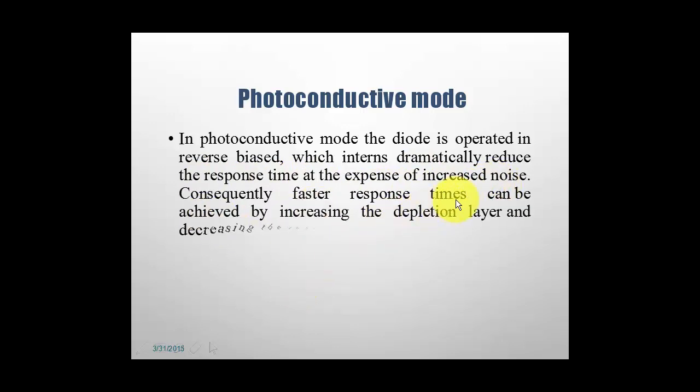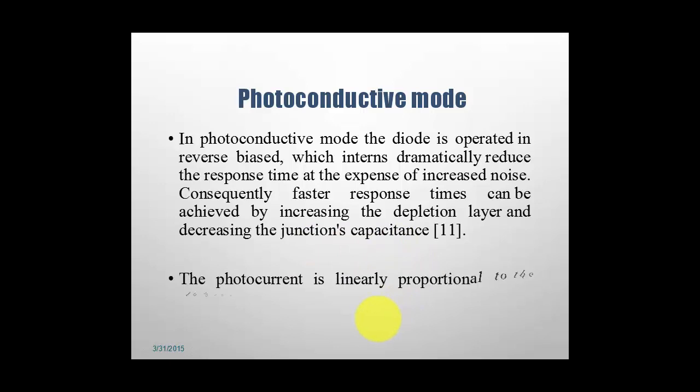Consequently, faster response times can be achieved by increasing the depletion layer width and decreasing the junction capacitance. The photocurrent is linearly proportional to the luminance for the given spectral distribution.